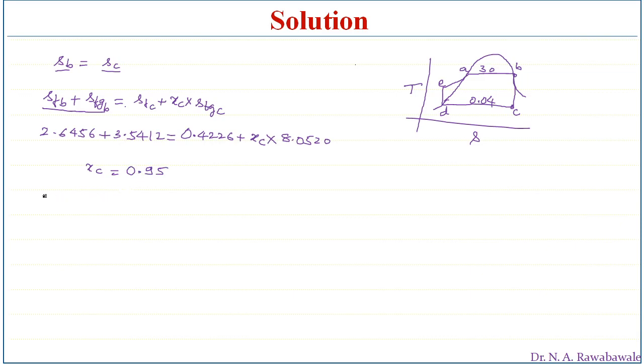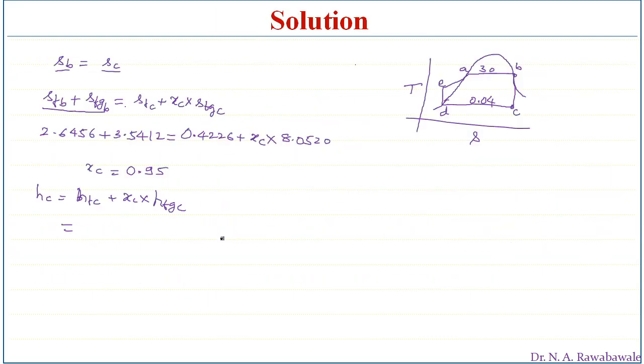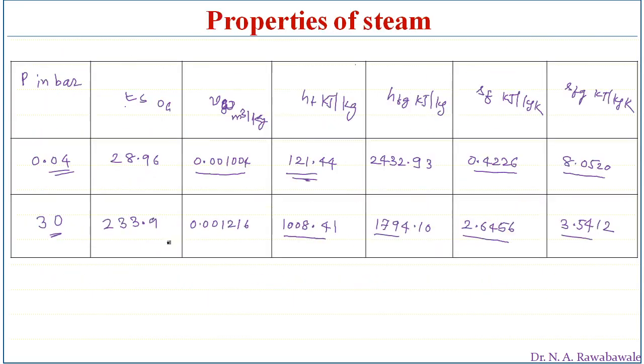Once we know dryness fraction at point C, the enthalpy at point C can be obtained as HF at point C plus XC into HFG at point C. Enthalpy of liquid at point C at 0.04 bar is 121.44, plus XC, which is 0.95, into HFG at C at 0.04 bar, which is 2432.